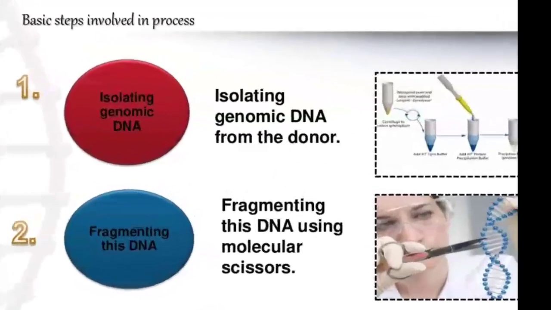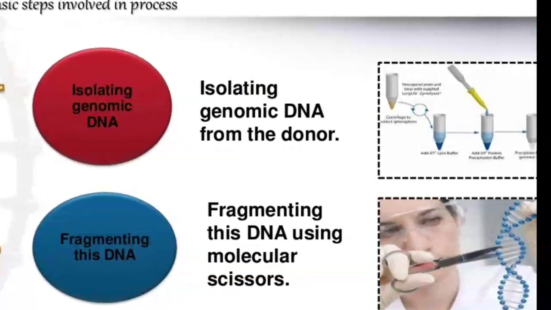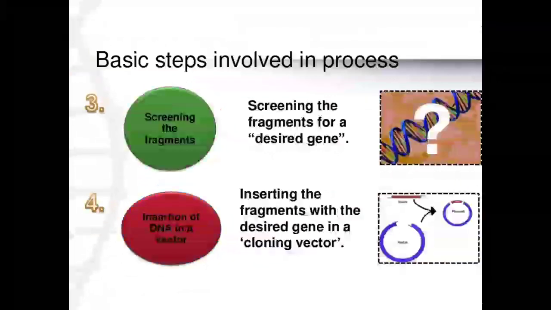You can see here: isolating genomic DNA from the donor, any donor, and fragmenting this DNA using the molecular scissors. Then screening those fragments for desirable genes, whether present or not. Then inserting the fragments with the desirable genes into the cloning vector with the help of DNA ligase.